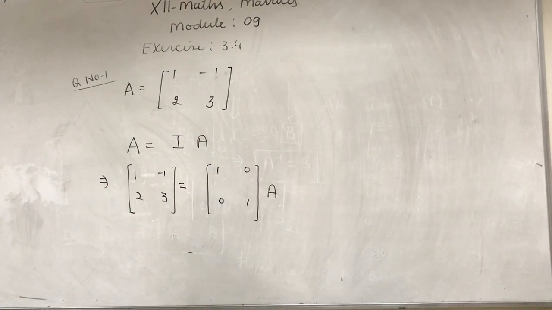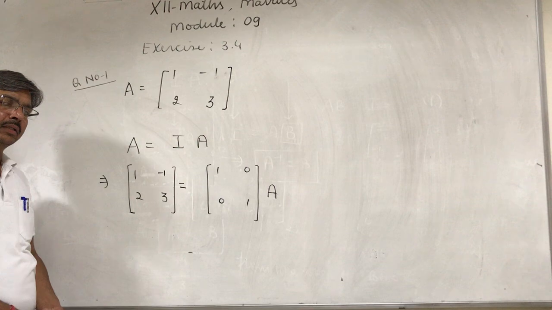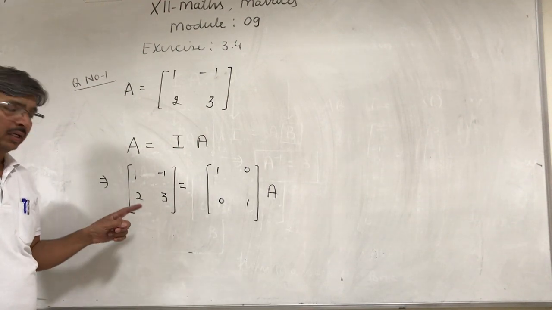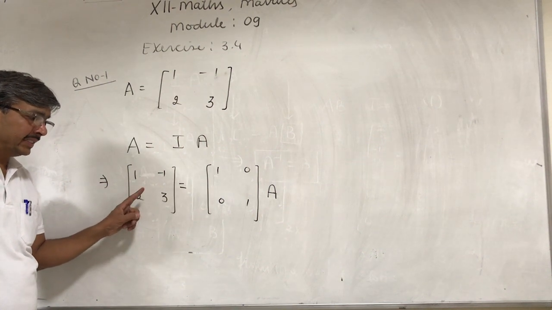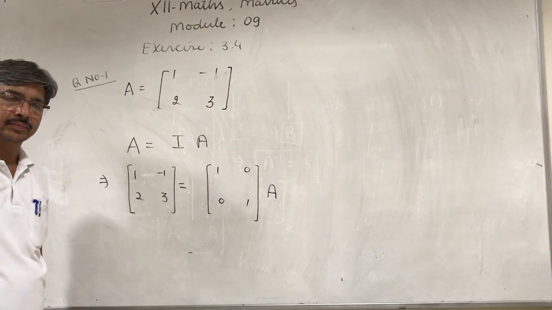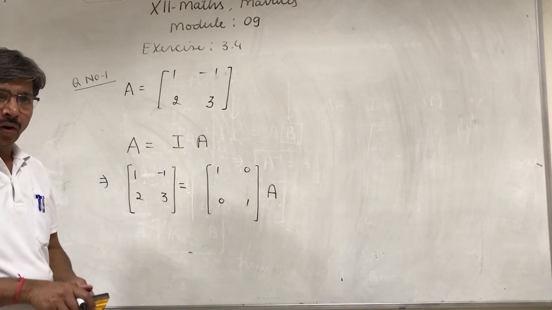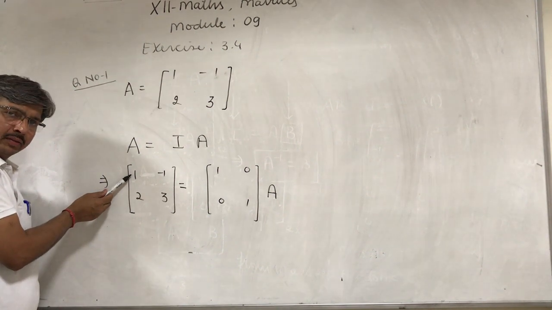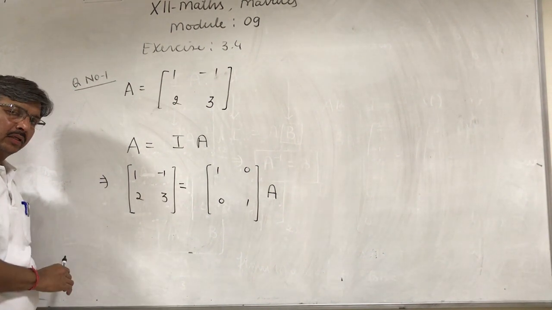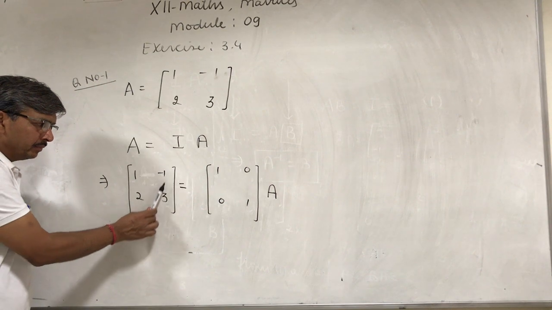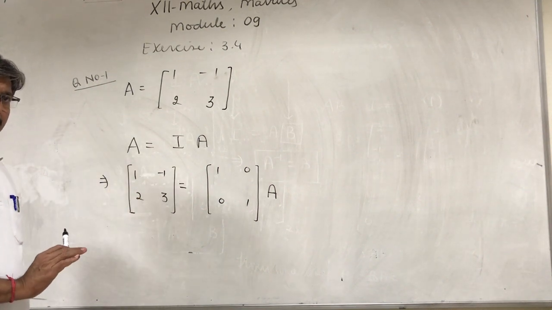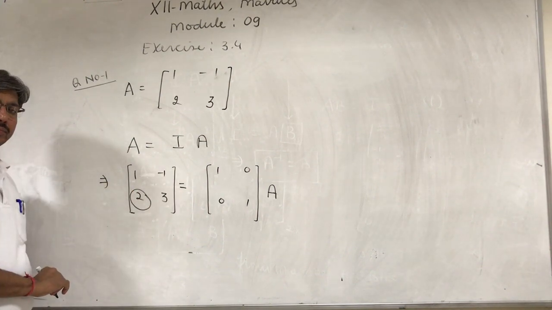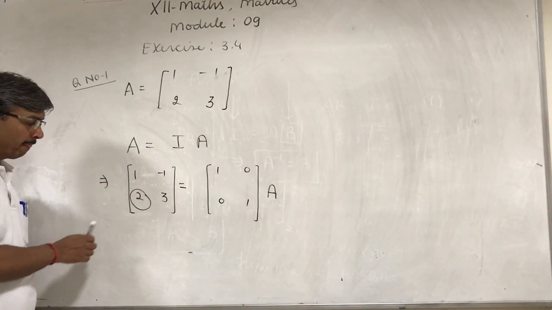Now see how we will do it. In this question, we will see matrix A, and because we will have to convert this matrix into I, first of all we will see this element. This should be 1. Now this element, then this, then this. We will change this too. And how will it be changed?